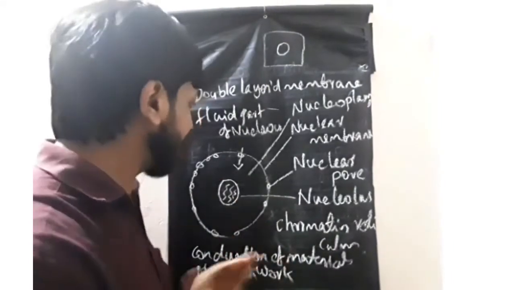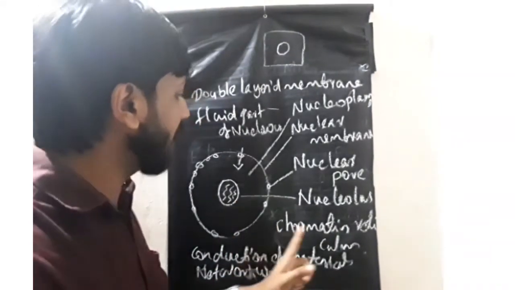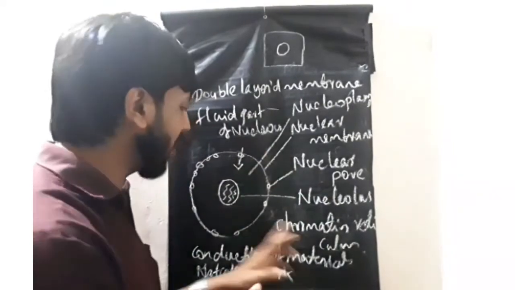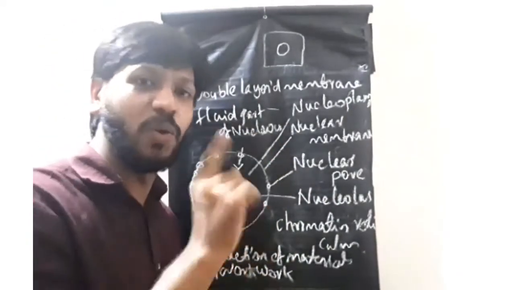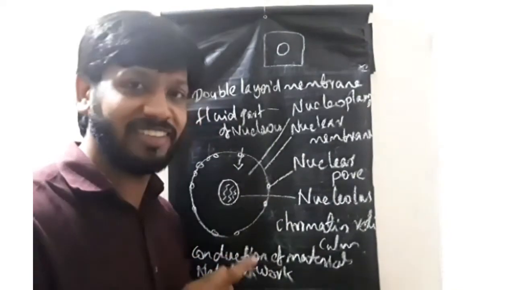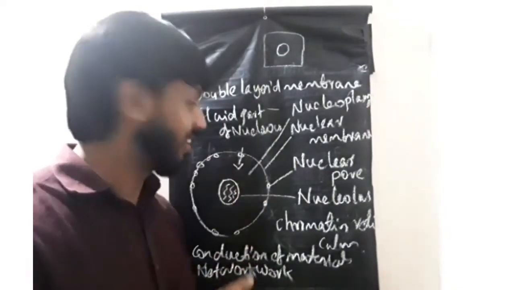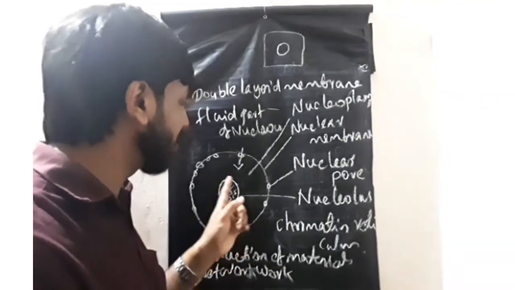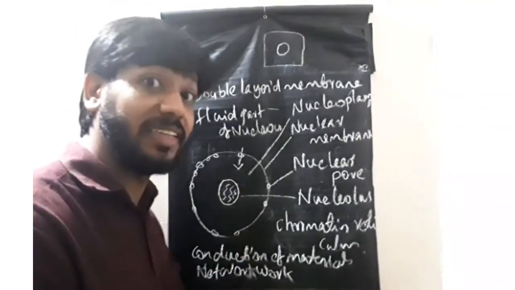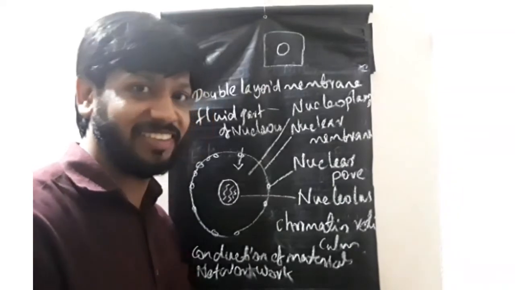Next we discuss chromatin reticulum. You can see a network in the nucleolus. The nucleolus is the center portion that synthesizes proteins.